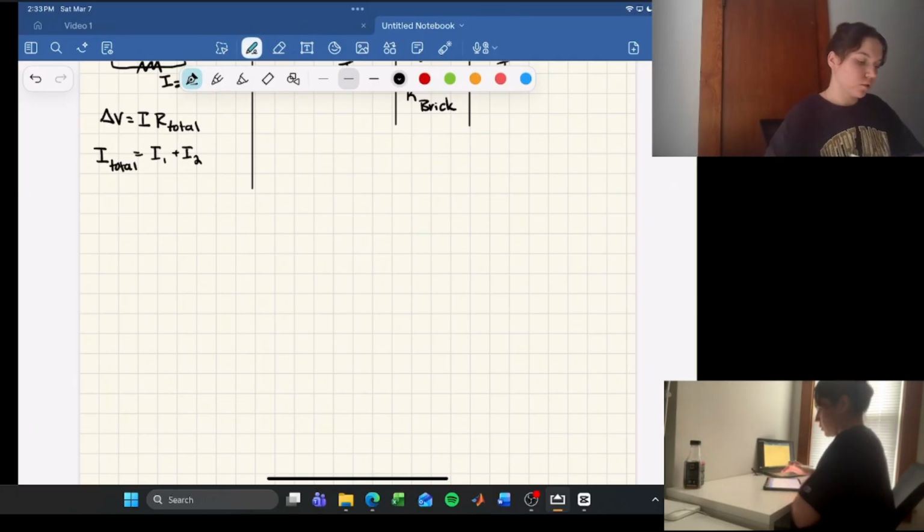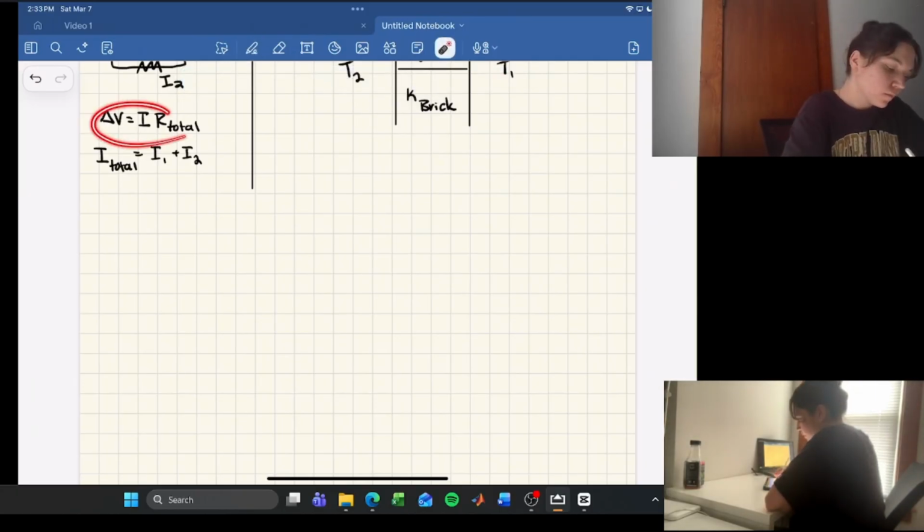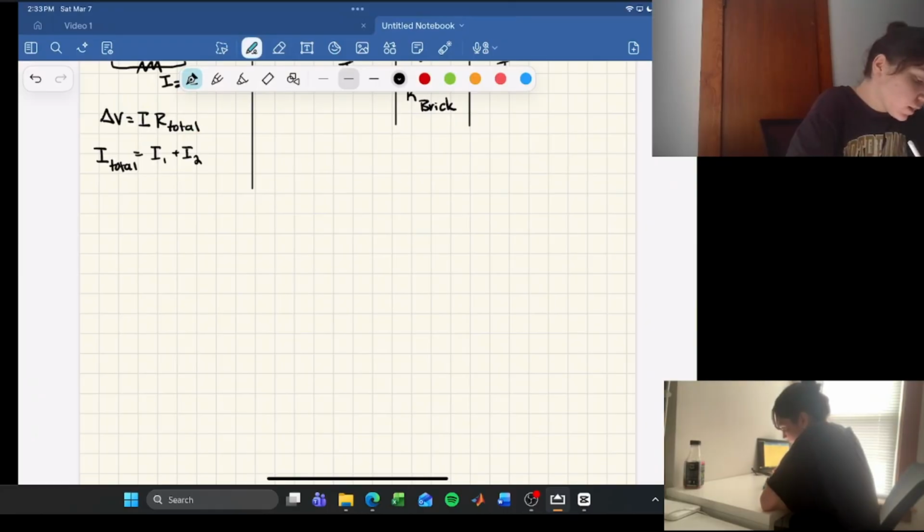So going back to Ohm's law over here, we can say that I1 is equal to the change in voltage over the resistance of 1. We can say that I2 is going to be the same thing, the change in voltage over the resistance of 2.